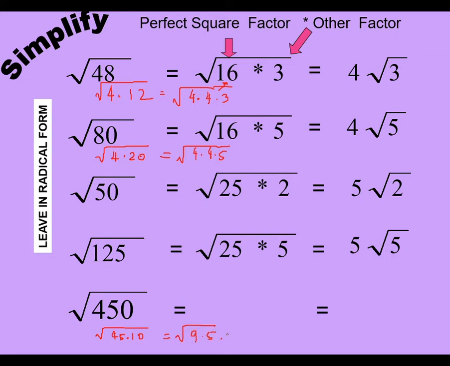And si 10 is 5 times 2. Yan. So, pag pinagsama natin, si 5, so meron tayong dalawa. 9 tapos 25. Diba? Times 2. So, meron tayong dalawang perfect square root. So, that means, meron tayong perfect square root na pag pinagsama is 225.